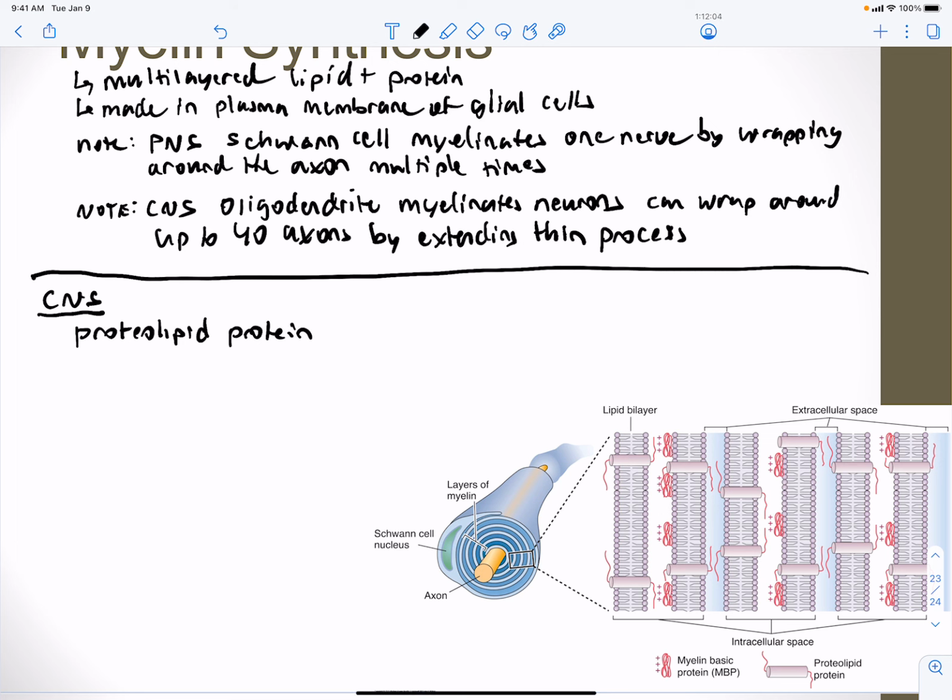And this is going to be hydrophobic, and it's going to form large aggregates in an aqueous environment. It's resistant to proteolysis, and it promotes the formation and stabilization of the myelin structure.